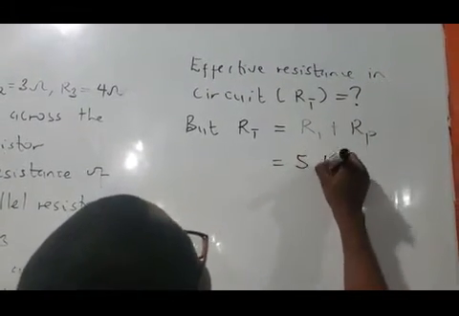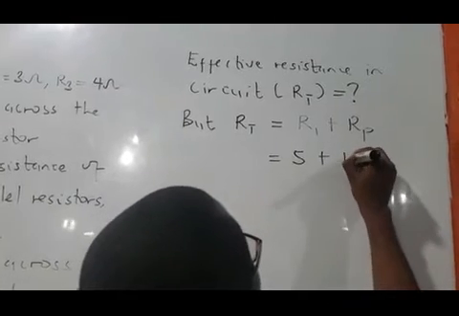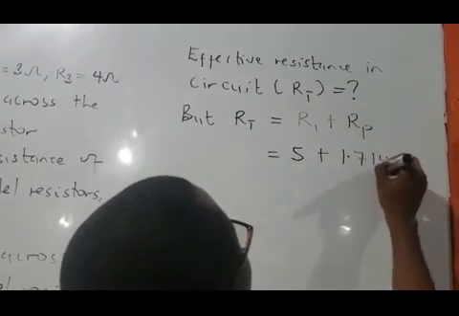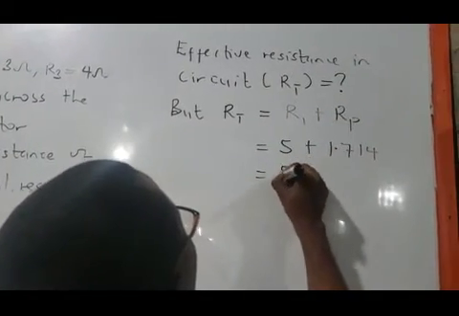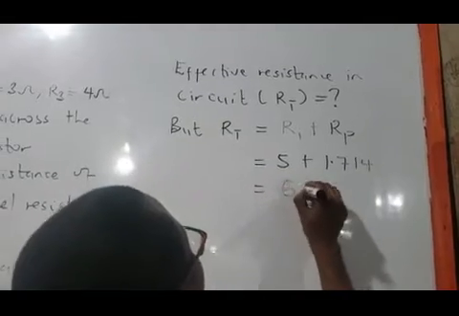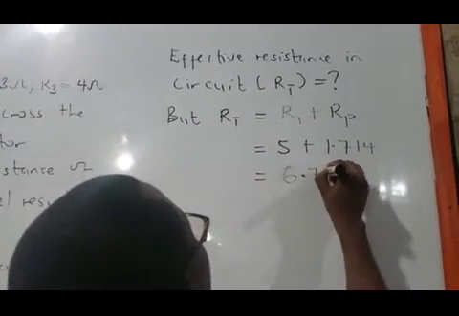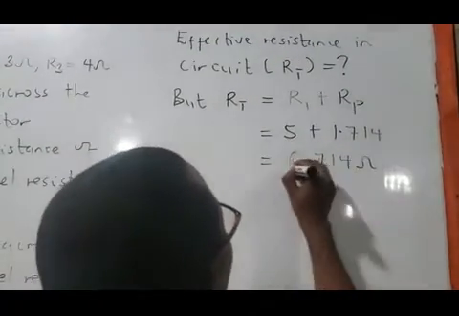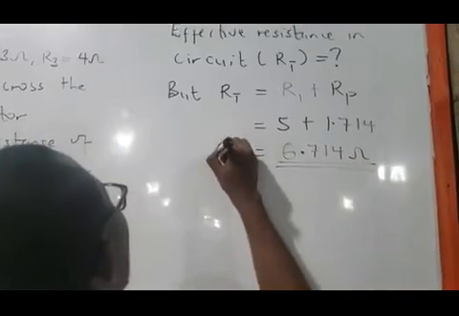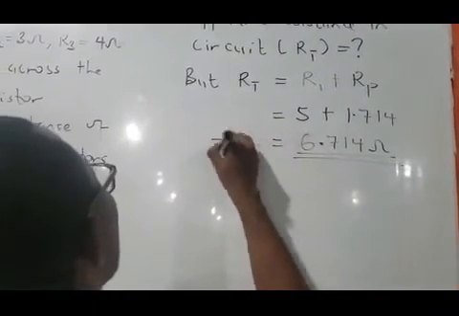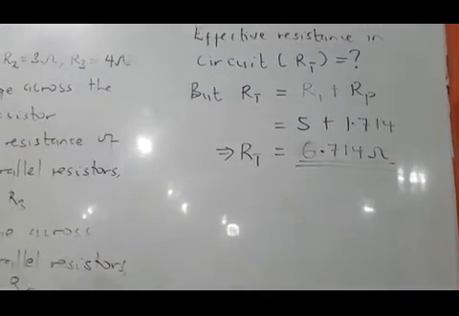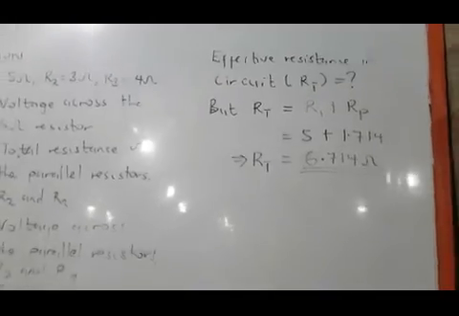Our R1 is 5, RP is 1.714. So that gives 6.714 ohms. Okay, so that is the effective resistance in the circuit.